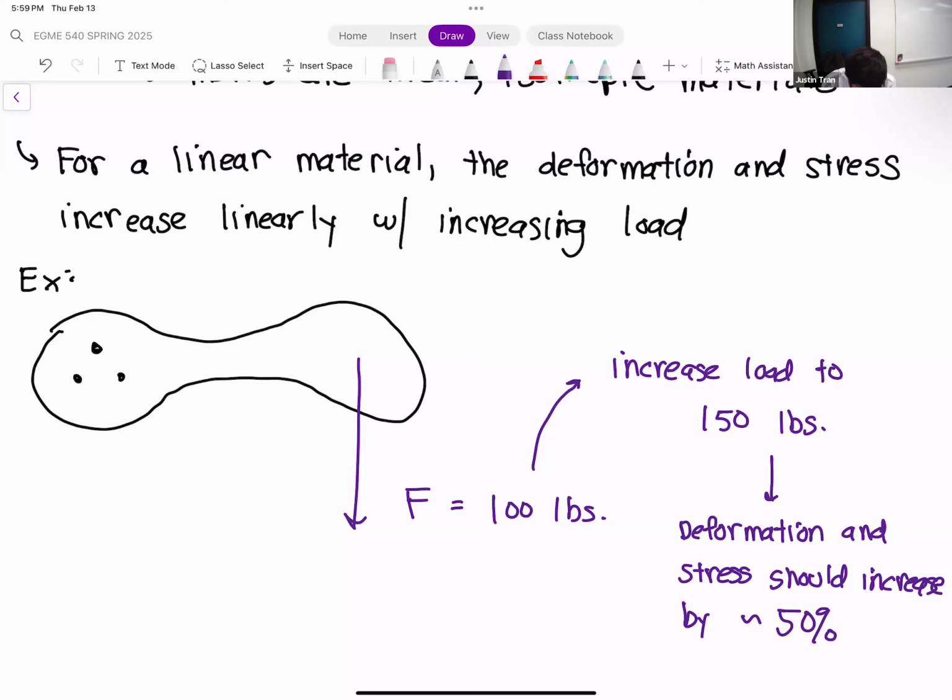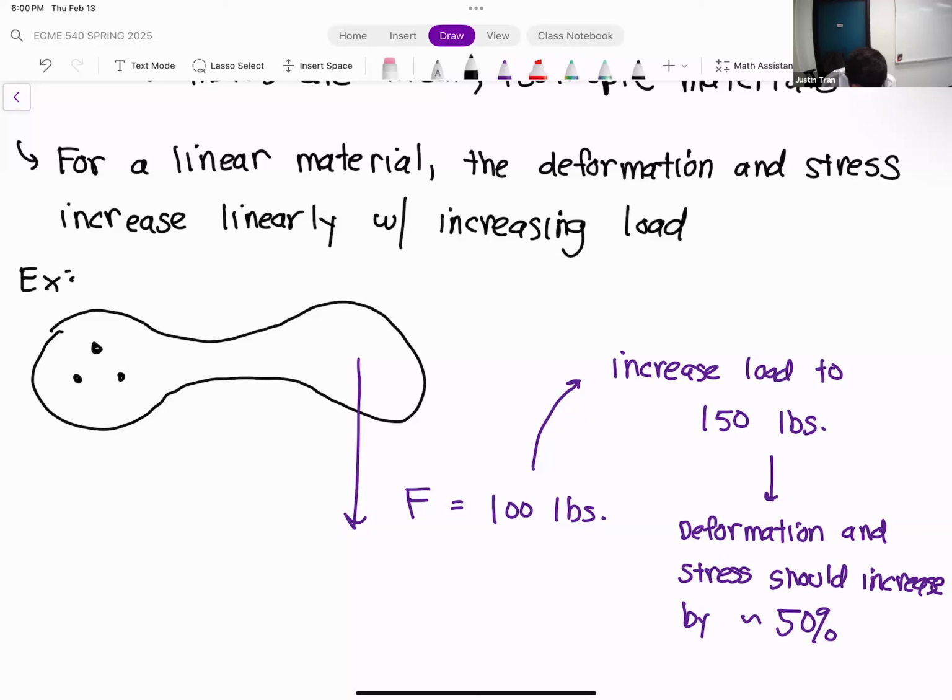That's essentially what it means to be a linearly elastic material. Increasing the loading by 50% or decreasing the loading by 50%, you're going to see all of your structural results increase or decrease by the same ratio.